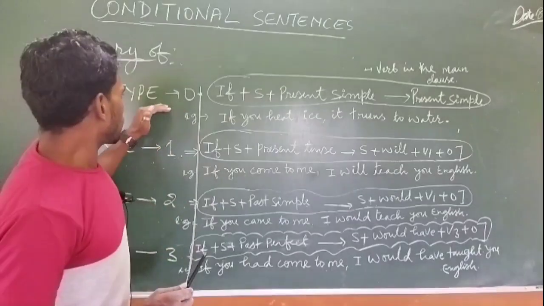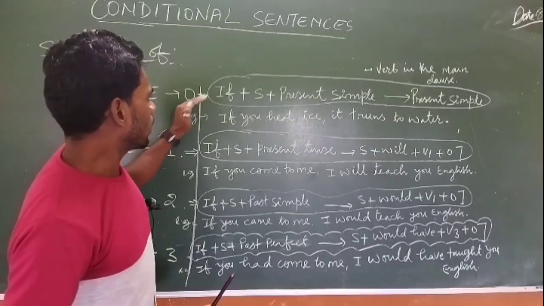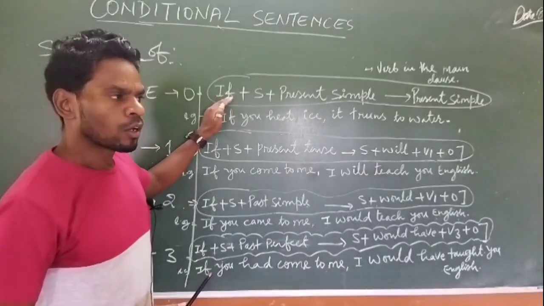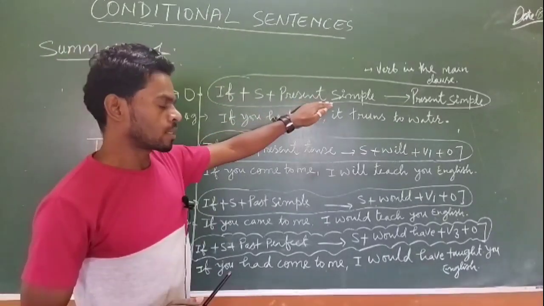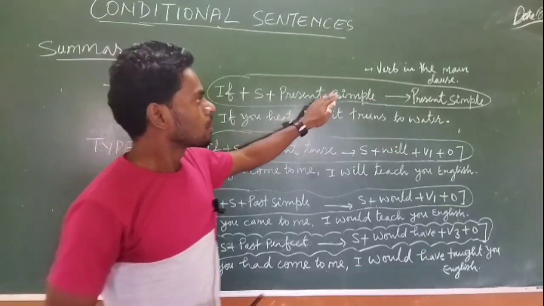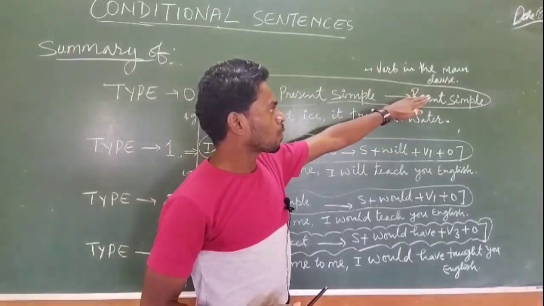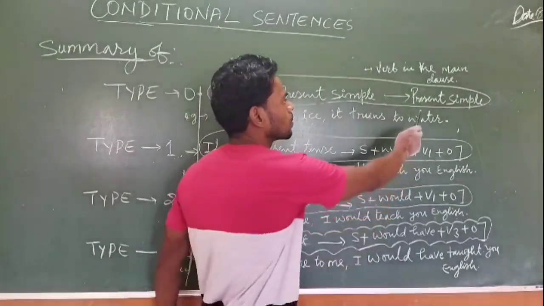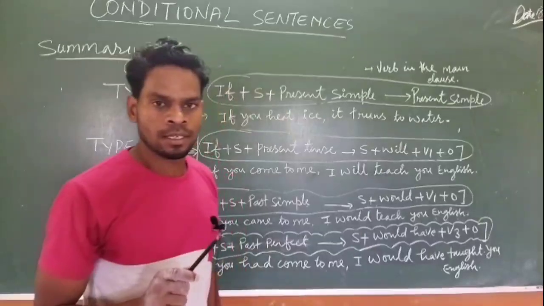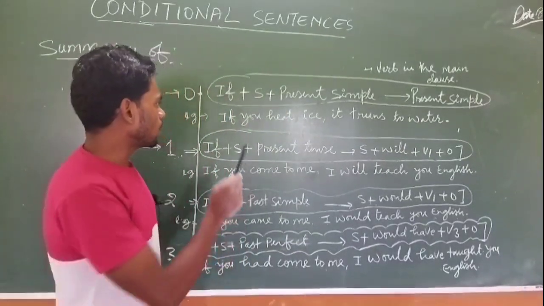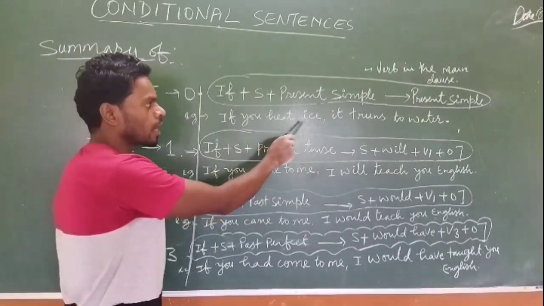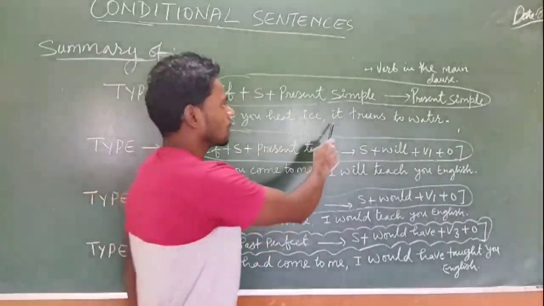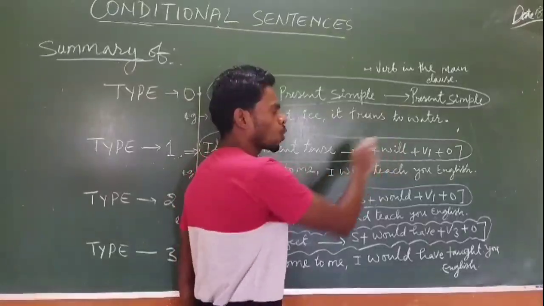So remember, in type 0, if the if clause is in present simple tense, then the verb in the main clause will be in present simple tense only. And one example I have given here: if you heat ice, it turns to water.